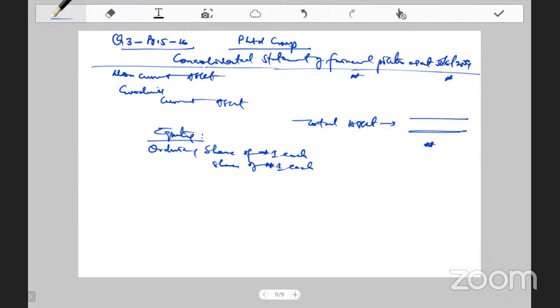And like what I always tell my students, when you are writing, make sure you always put space. You don't squeeze everything. So yeah, and I have share premium. After share premium, I have my group retained earnings. I have this joke.